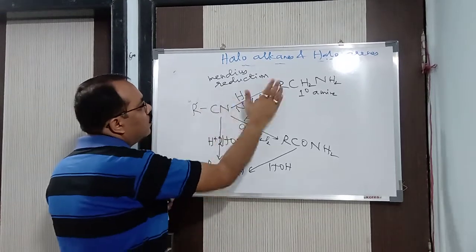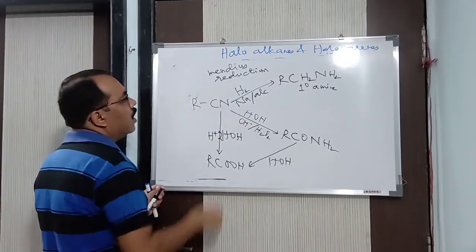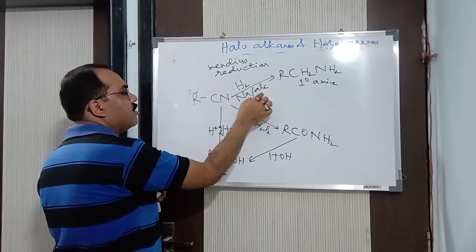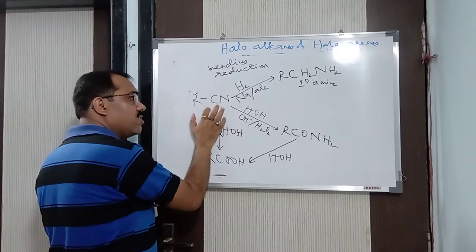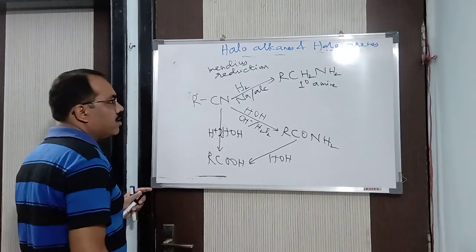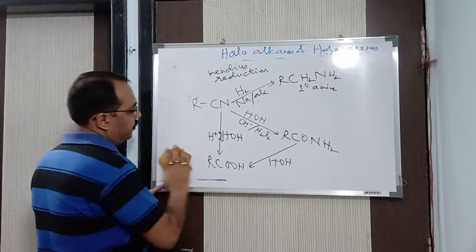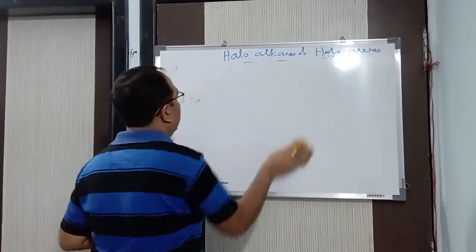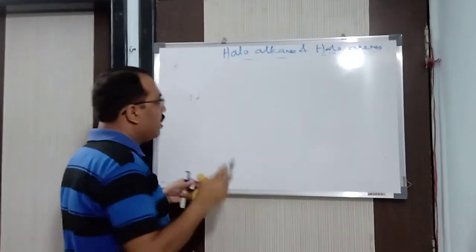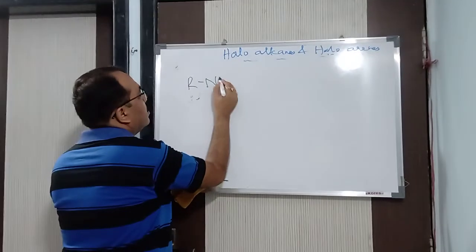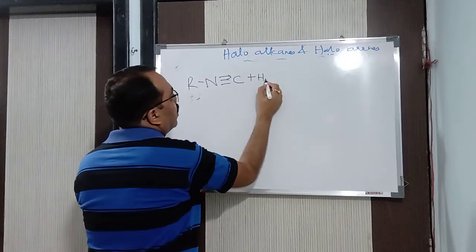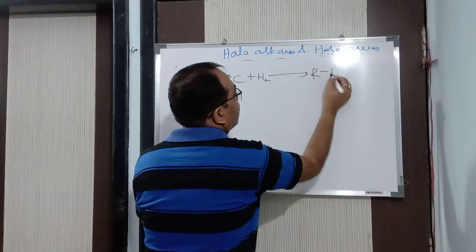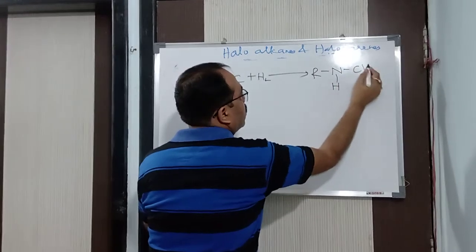That is how to do the reduction reaction, and here it is hydrolysis. You can take any reducing agent, but if I take sodium and ethyl alcohol, it is known as Mendius reduction in case of nitriles. Next, if I take isocyanides, RNC, and go for reduction, I get secondary amines, RNHCH3.